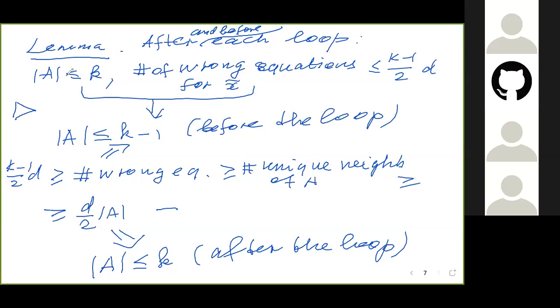That means that the number of variables in A is at most k, which is the first part of our invariant. And the second part holds because when we change the variable, the number of wrong equations even decreases. So if it were at most that much, then after the loop it becomes even less.